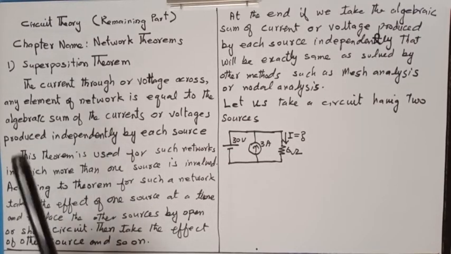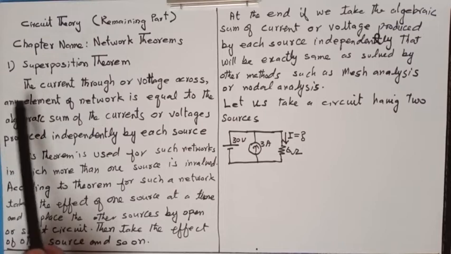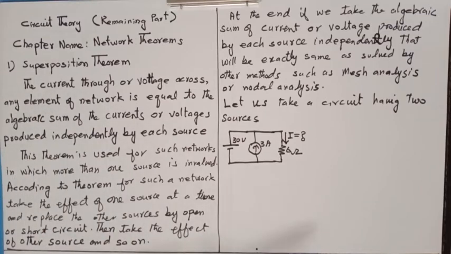The theorem is defined as: the current through or voltage across any element of a network is equal to the algebraic sum of currents or voltages produced independently by each source. So the same explanation as I gave. Here two words might confuse you. One word is algebraic sum.